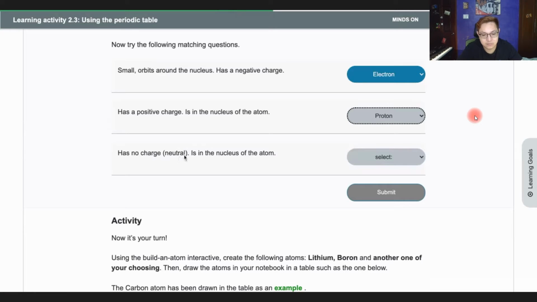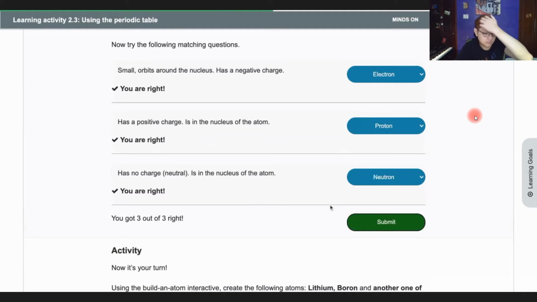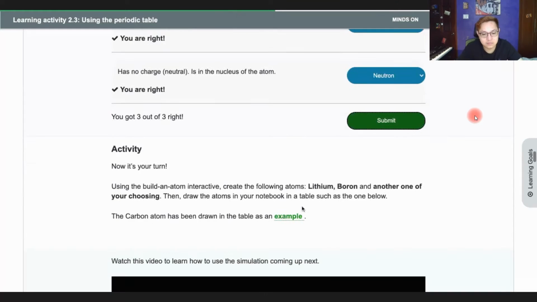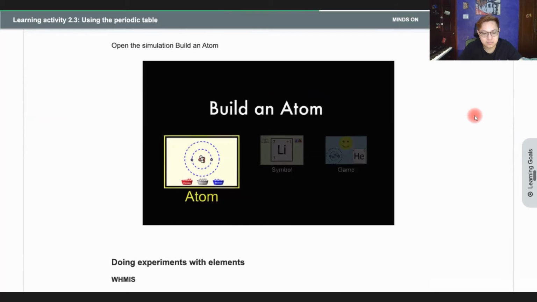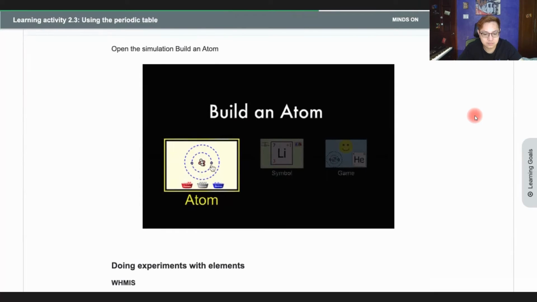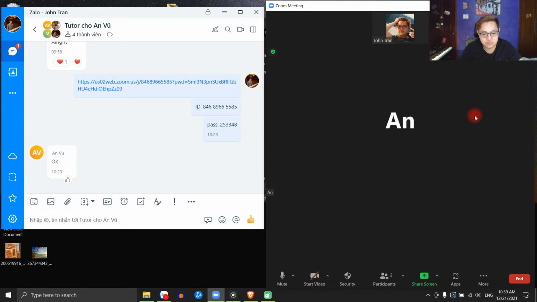And the neutron has no charge, it's neutral, and it's in the nucleus of the atom. So, doing that.